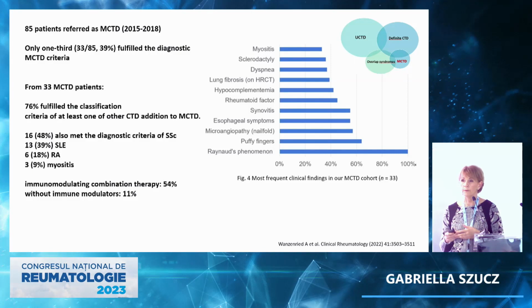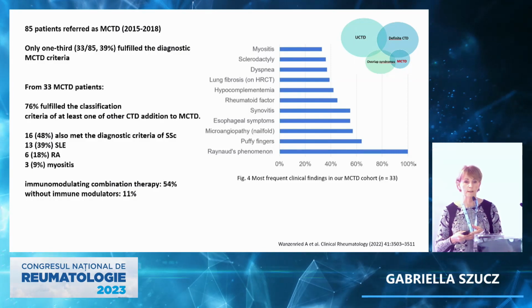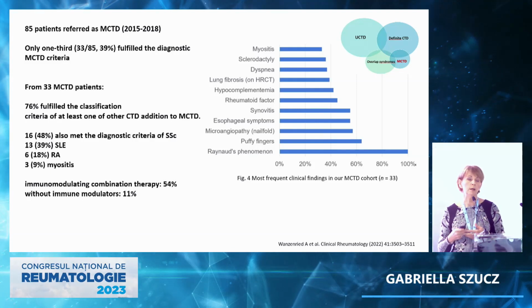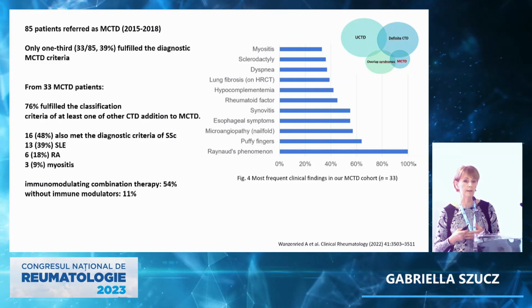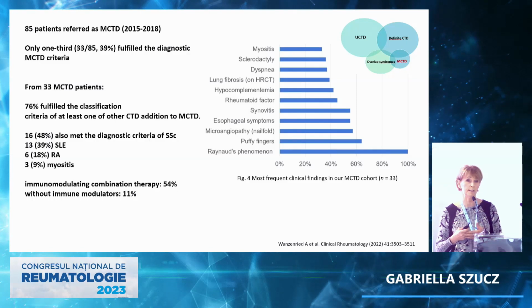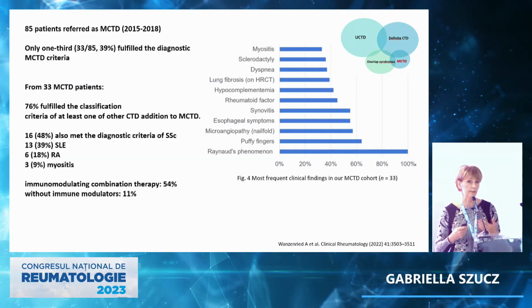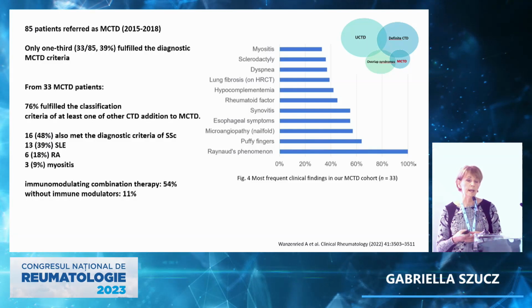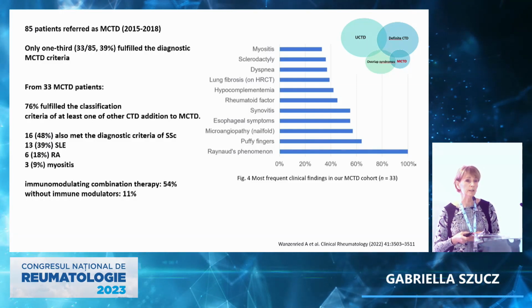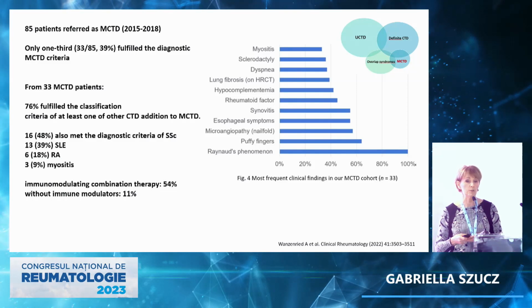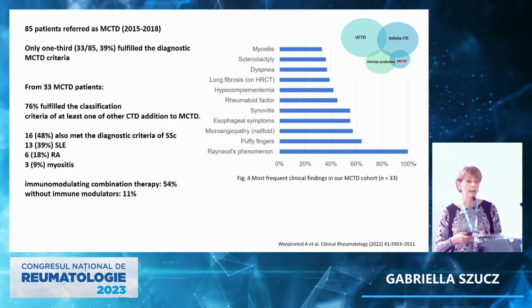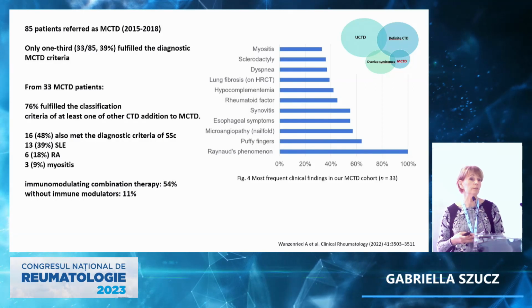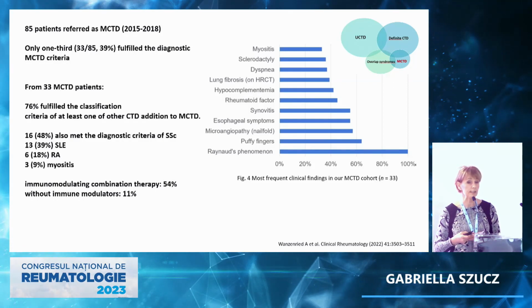But what's the problem with mixed connective tissue disease? If patients are referred to us with mixed connective tissue disease, we are not sure that it's really that or not. This is an evaluation involving 85 patients referred as MCTD, and only a third of the patients fulfilled the diagnostic criteria for MCTD.